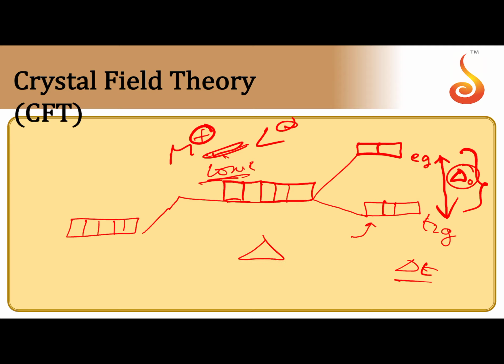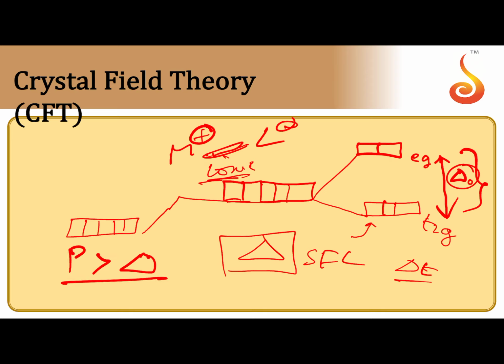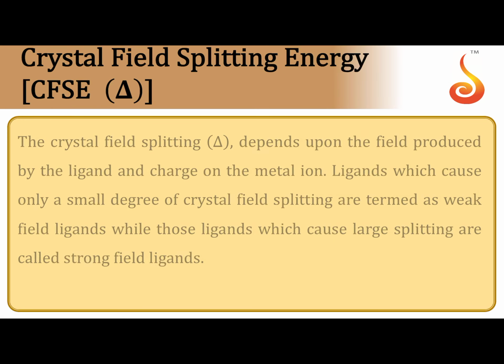So the ligand which can have a larger delta O value is called a strong field ligand. Then forcible pairing takes place in the t2g orbitals. If the crystal field splitting energy is less than the pairing energy, then electrons enter the eg orbitals after the completion of t2g. That leads to a high spin complex.